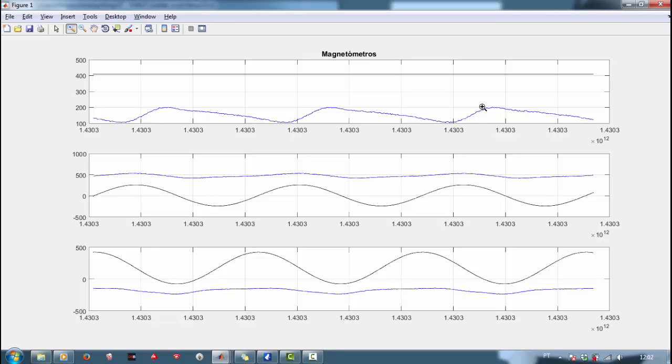So it is kind of explained that if the sensor is closer or further from the robot, the magnetic field varies according to that distance.